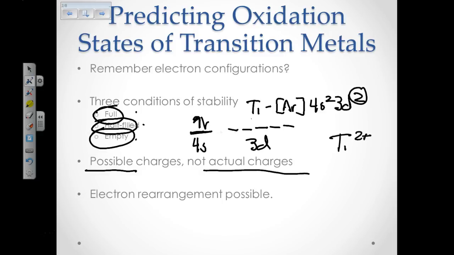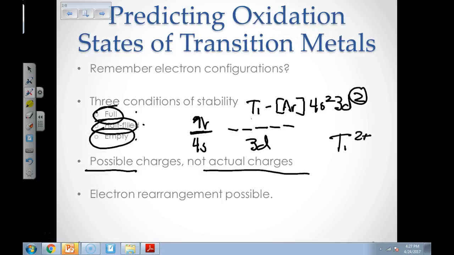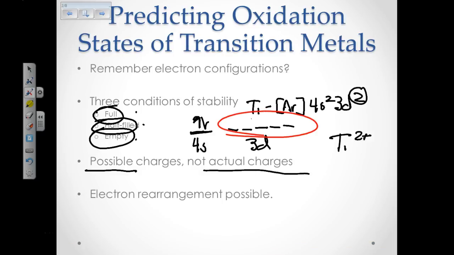If we look, these electrons here, that is an empty subshell, and these here occupy a full subshell. So titanium 2+ is a possible ion based on electron configuration.